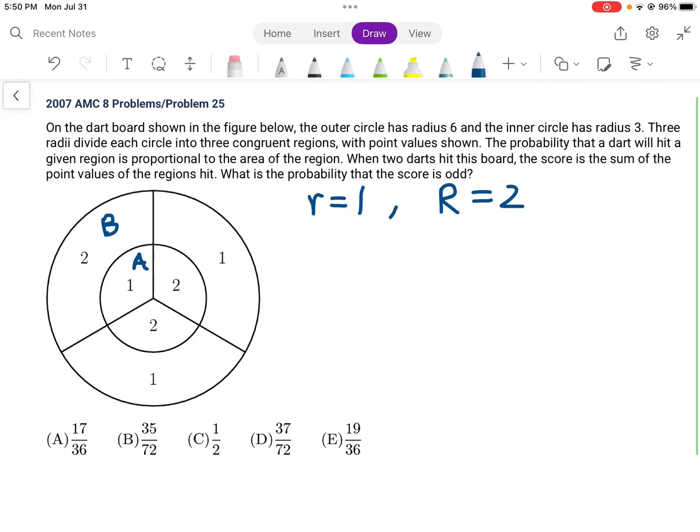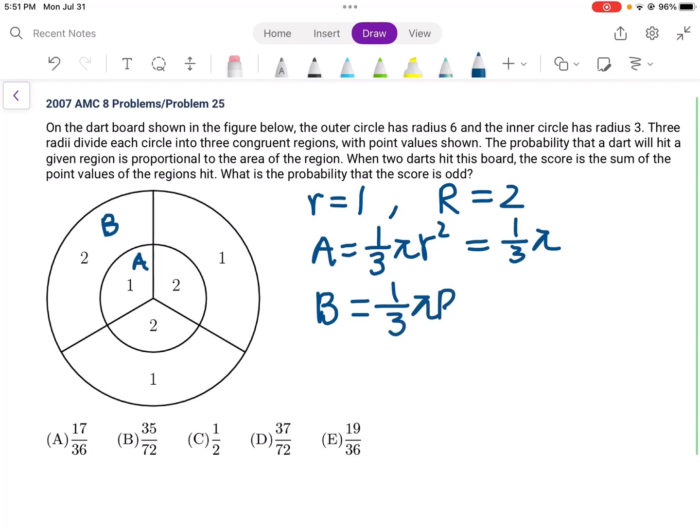Because the area of the circle is pi r squared, A equals 1/3 pi r squared, which equals 1/3 pi, and B equals 1/3 pi capital R squared minus A, and that is 4/3 pi subtract 1/3 pi, and that is pi.